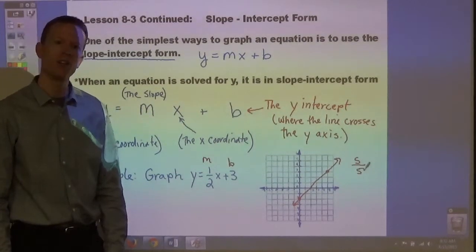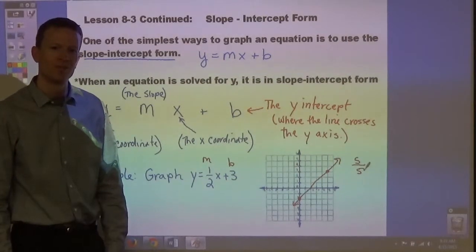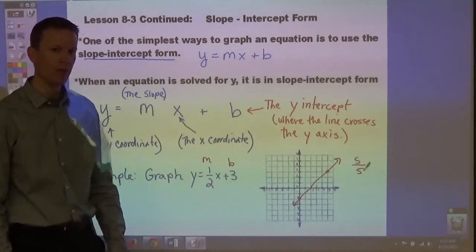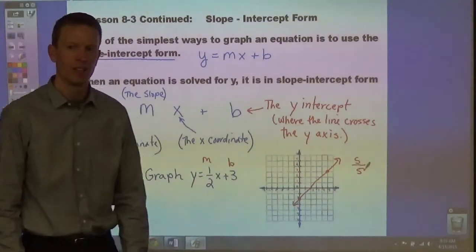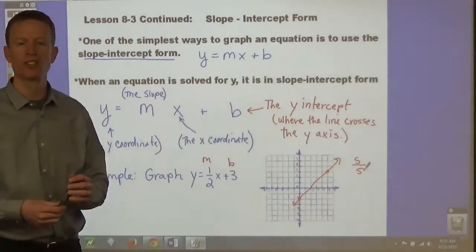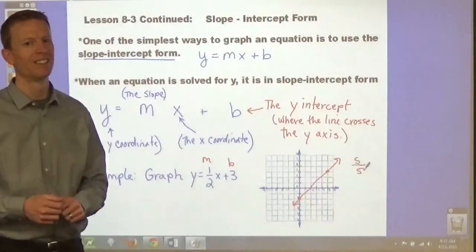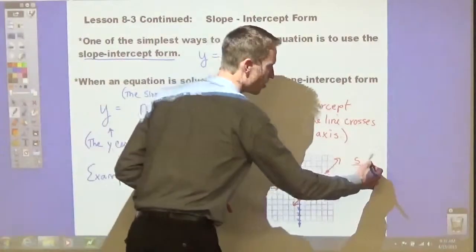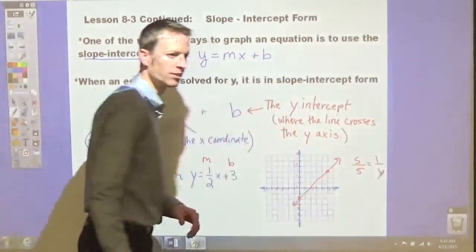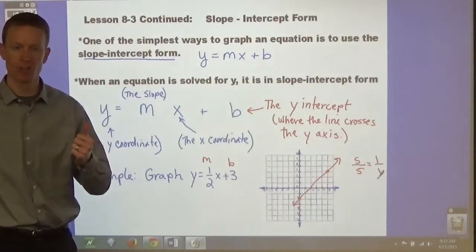How do you know? Because it's a whole number. Okay, it's a whole number. What is the slope? 5/5, which is 1. So the slope of this line is 1, or 1/1. We'd have to simplify that, which is a positive number. So it's a positive slope.